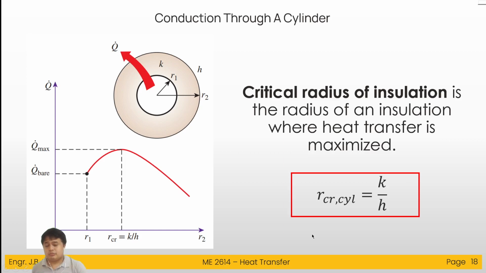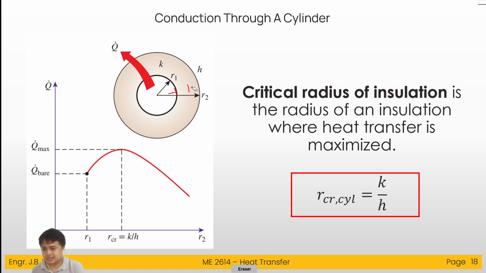There is a phenomenon with insulation, if you have a layer of insulation on a cylinder, wherein if you vary the radius or the thickness of the insulation, the heat transfer rate will increase, starting from a very thin layer of insulation. As you increase the thickness of the insulation, your heat transfer will actually increase.